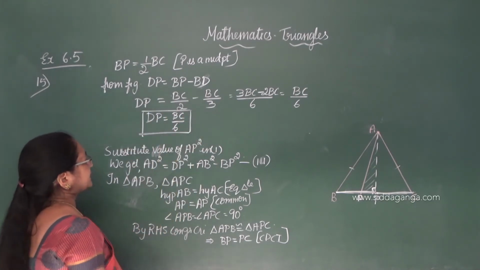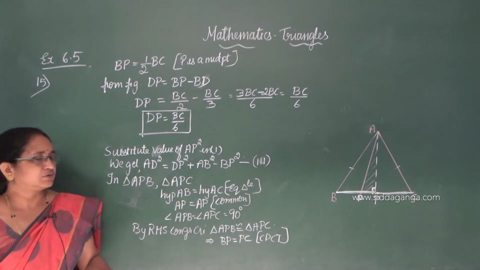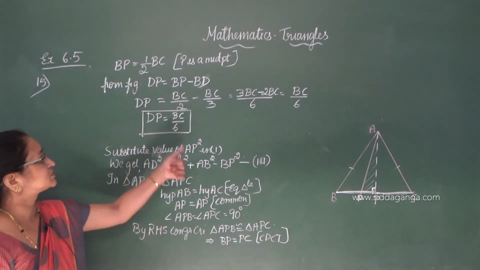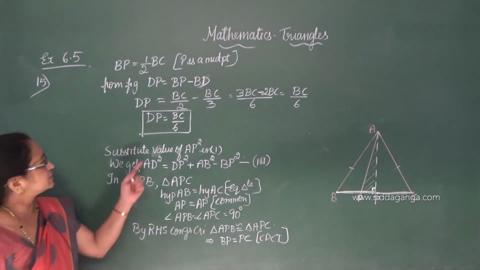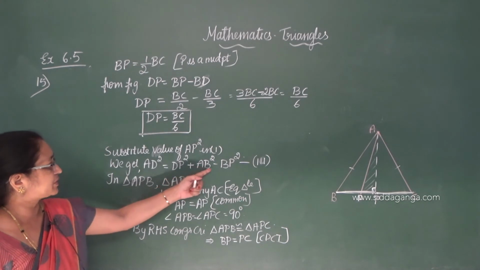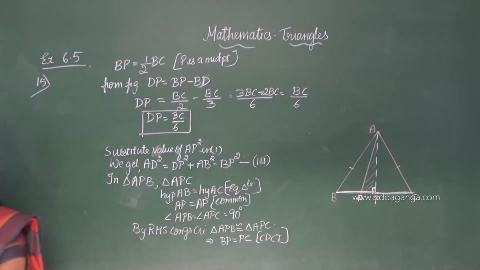Now where is the main equation? We have to substitute all this in the main equation. That is this one: AD square is equal to DP square plus AB square minus BP square.